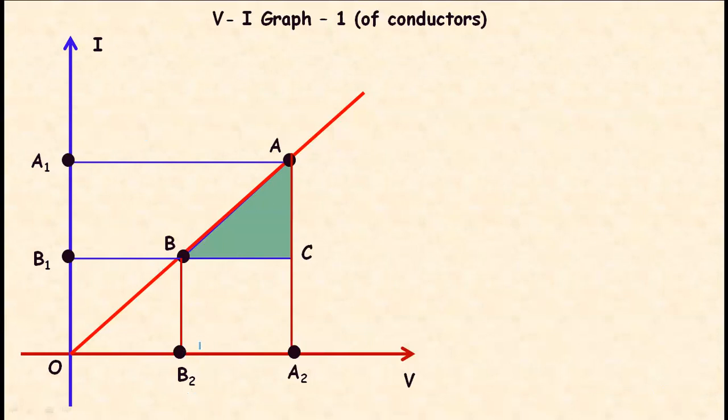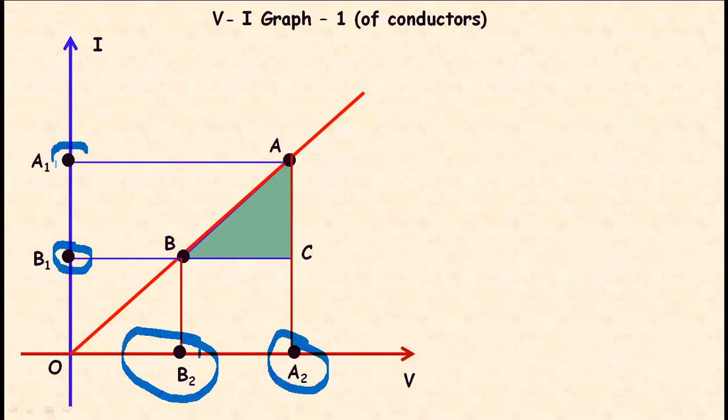So when the applied voltage is B2, then the corresponding current through the circuit will be B1. When the applied voltage is A2, then the corresponding current flowing through the circuit will be A1. So that is how we find the corresponding current for a given voltage.